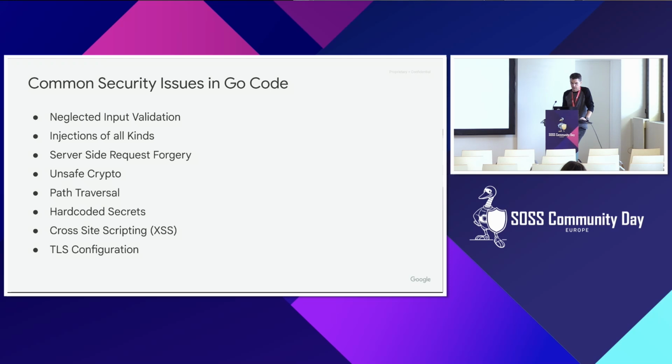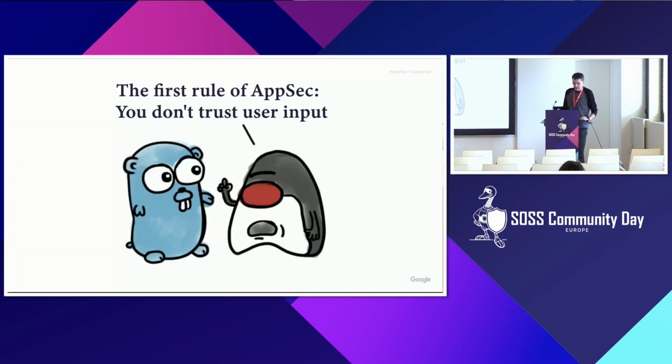TLS configuration is also an issue, because we see a lot of HTTP services based on Go, and the TLS stack is integrated in Go. People use the TLS configuration directly from Go, but sometimes it's not the best. So the list is quite comprehensive.